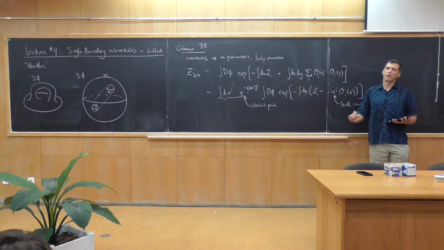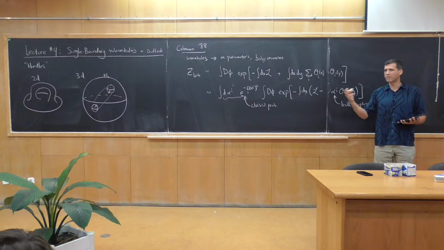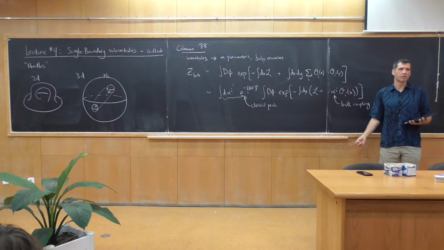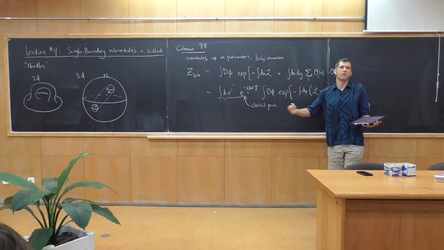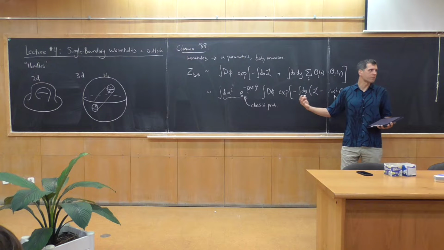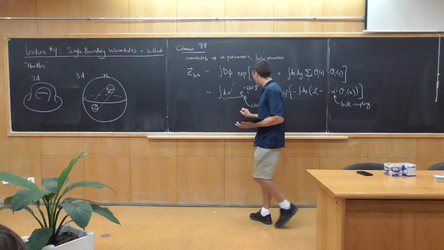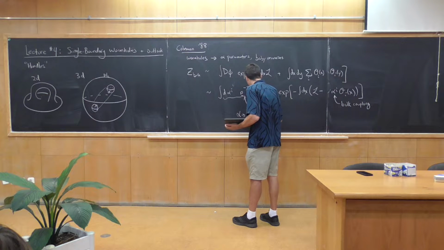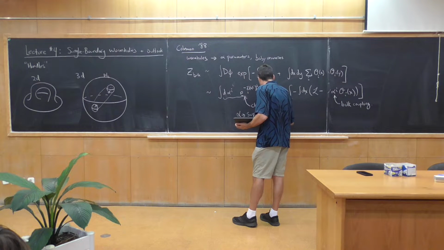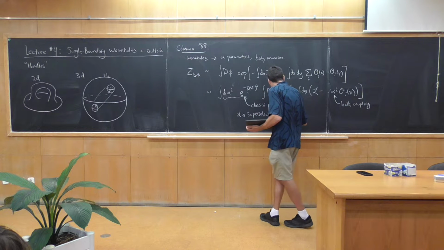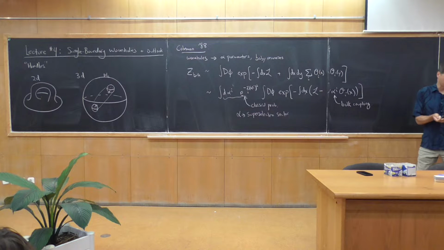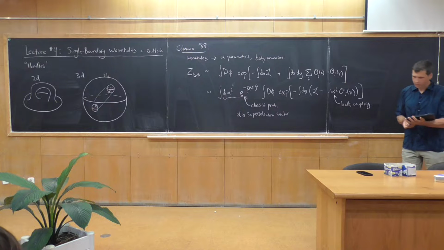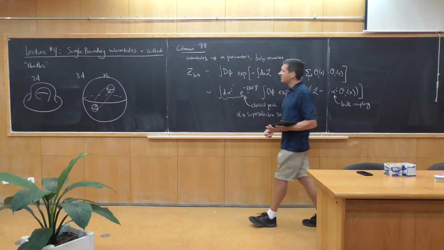You can think about it as an ensemble of quantum mechanical theories with a classical probability, or you can think of it as one big quantum mechanical theory that includes all of these possible values of alpha, and think of alpha as labeling a superselection sector in that one big quantum theory that includes all of them. Okay, so this is the rough idea. Now this argument is off shell, so it's UV sensitive.